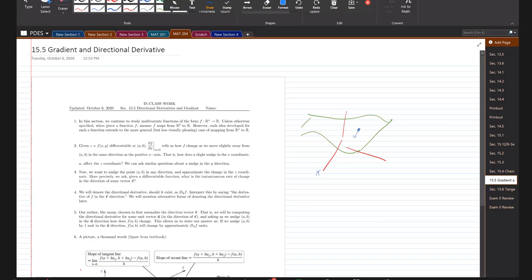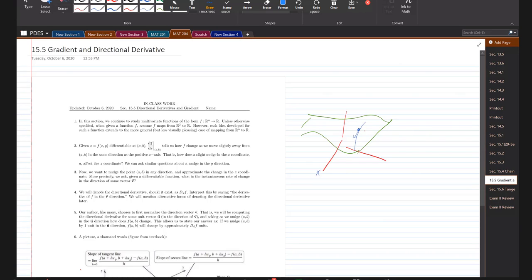We imagined the curve passing through like this, and as we nudge a little bit in the x direction, what do our z values do? In this case, our elevation would be dropping a little bit based on that picture I drew. And that was our partial derivative with respect to x.